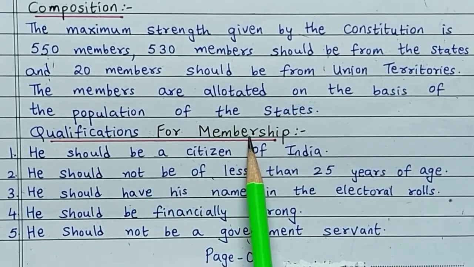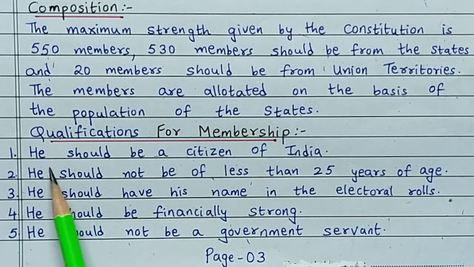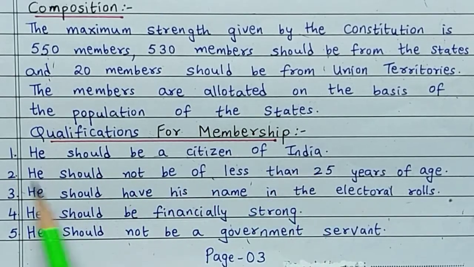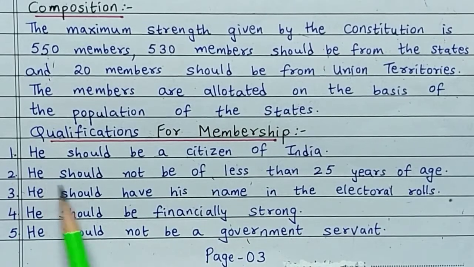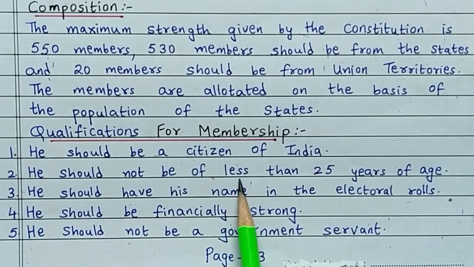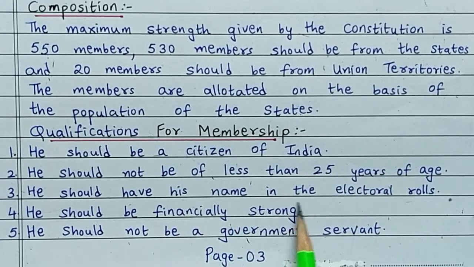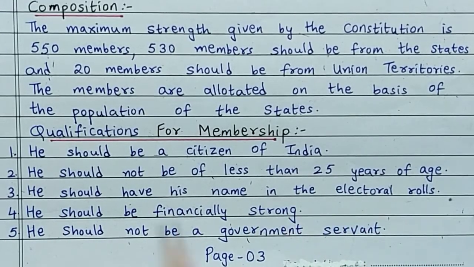Qualifications for membership. First, he should be a citizen of India. Second, he should not be less than 25 years of age. Third, he should have his name in the electoral rolls.